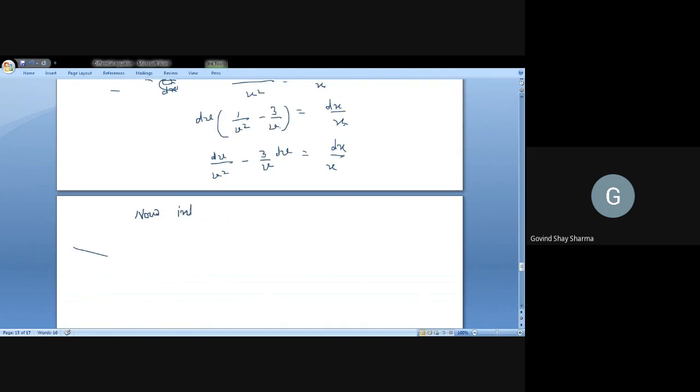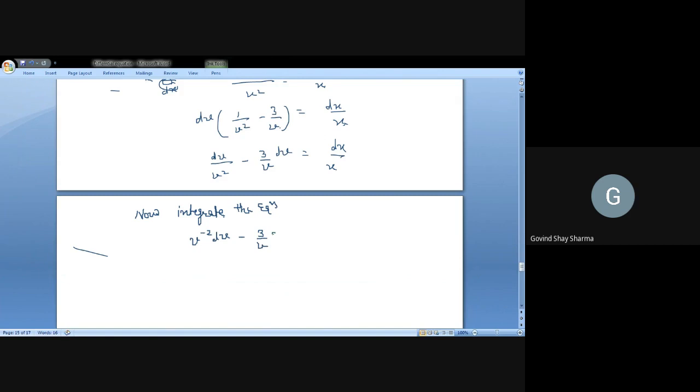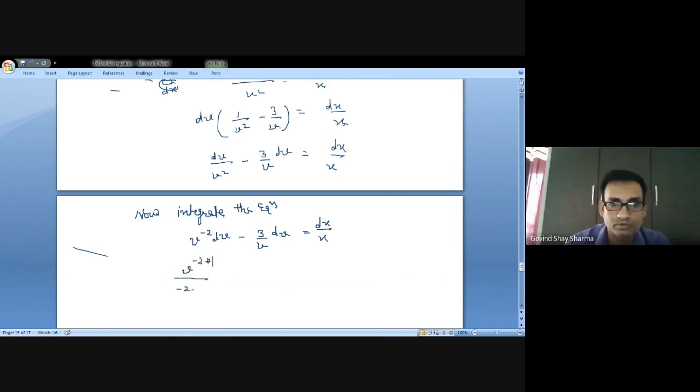Integrate the equation. So it becomes ∫v⁻² dv − 3∫(1/v) dv = ∫dx/x. Here we get v⁻¹/(−1), that is −1/v, minus 3 log v, equals log x.